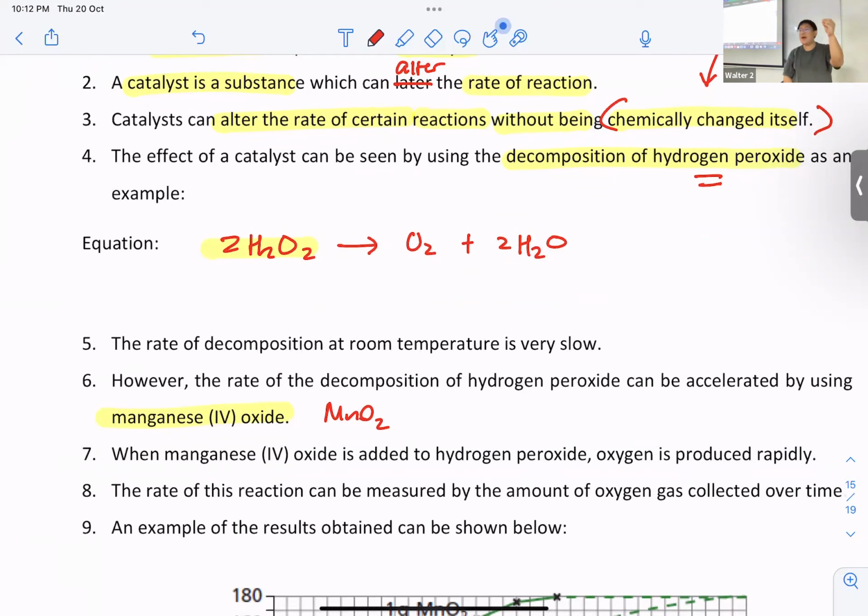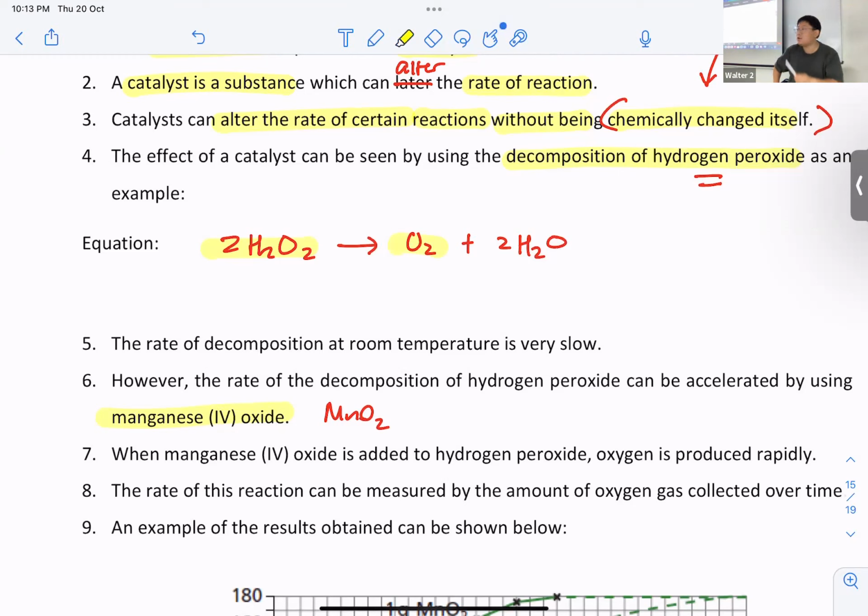The moment you add manganese oxide inside, you will start to see bubbles of oxygen forming. So that tells you that it will accelerate the decomposition of hydrogen peroxide.